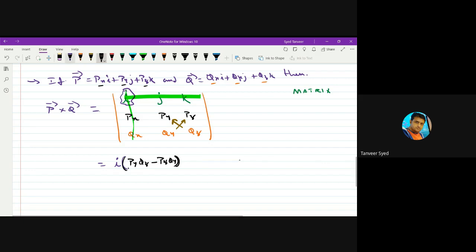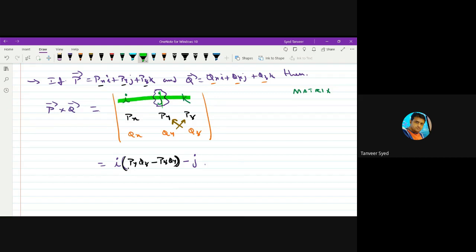Okay. Next, put minus j. Why minus j? You will get that in mathematics. i is plus, j is minus. So minus j into. Now what you do? You take the second element of the first row, which is j, and you close the row and column containing that j.